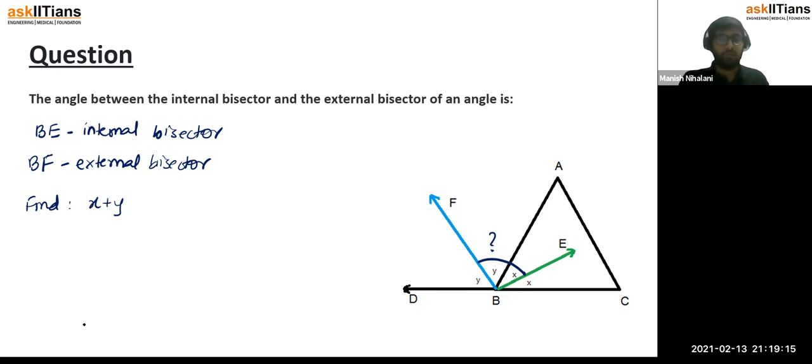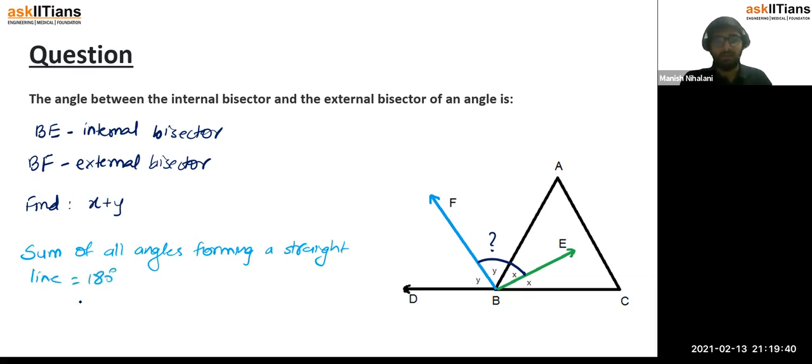So we know one important property: the sum of all angles forming a straight line is 180 degrees. Therefore, here all the angles are y plus x plus x plus y, which is equal to 180, which implies 2x plus 2y is 180 degrees.